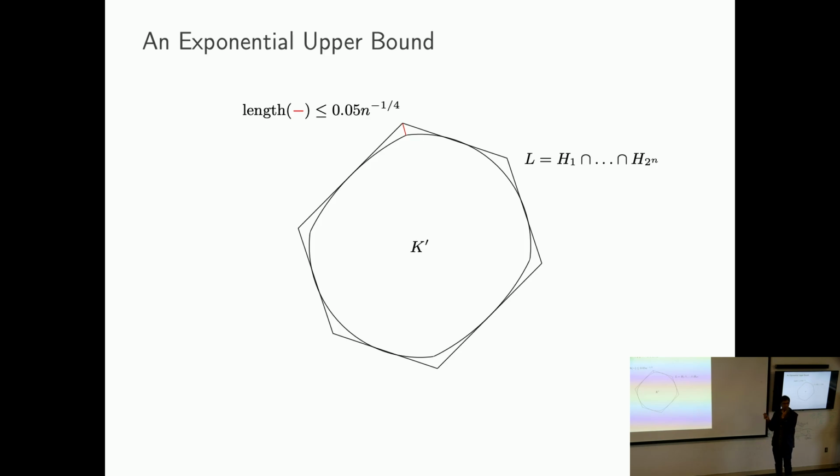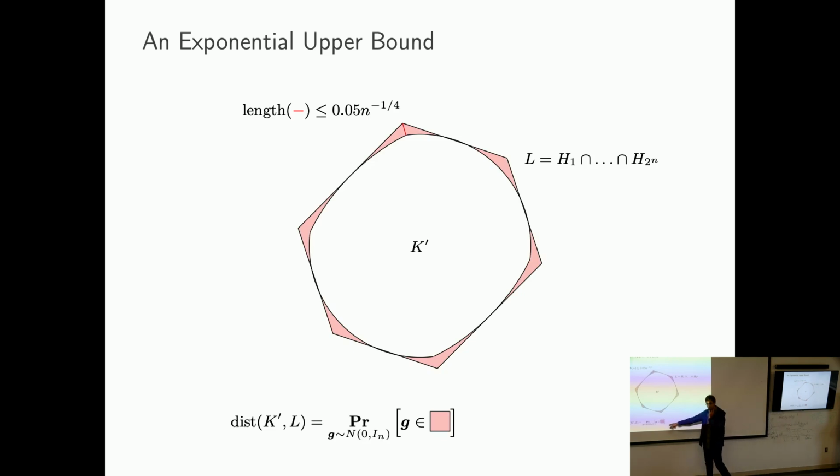This 1 over n to the 1/4 might seem mysterious, but I'll tell you why we need that in just a second. But is this picture making sense to everyone? I see people nodding. Good.